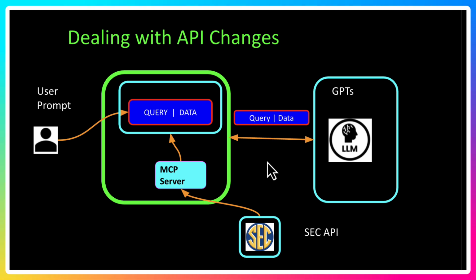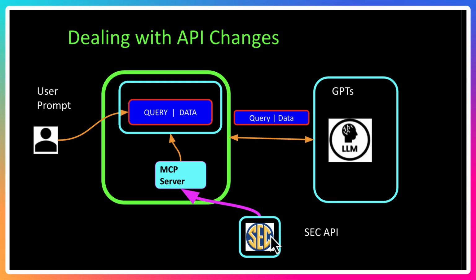Now, the problem that arises is that perhaps the SEC changes its API. If we put an intermediary server, and we call these MCP servers, Model Context Protocol, which is just a standard that's been developed, we're going to put a Model Context Protocol server, a standardized server, between our agent and the SEC.